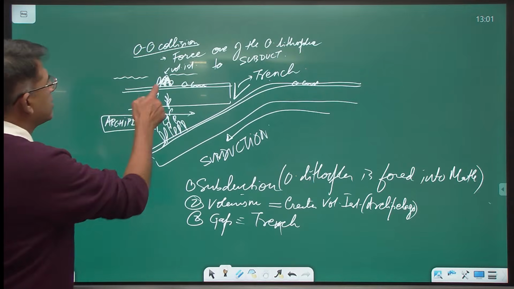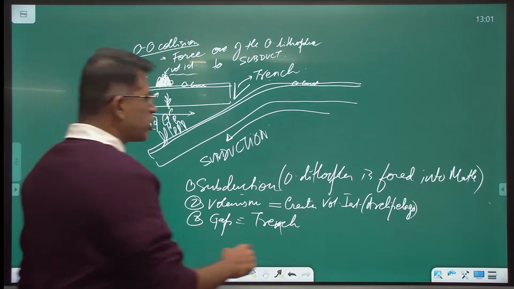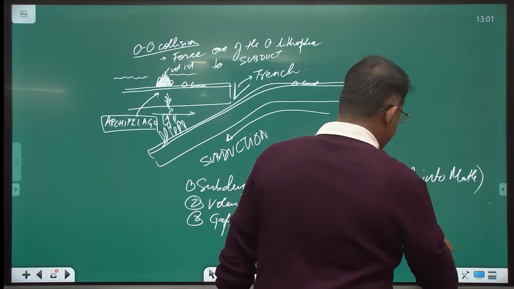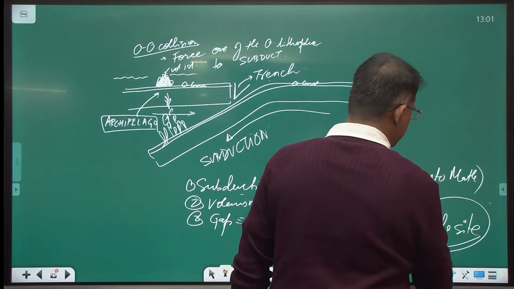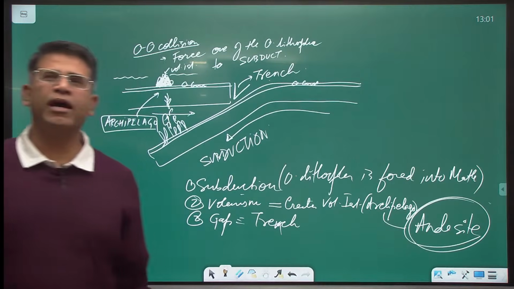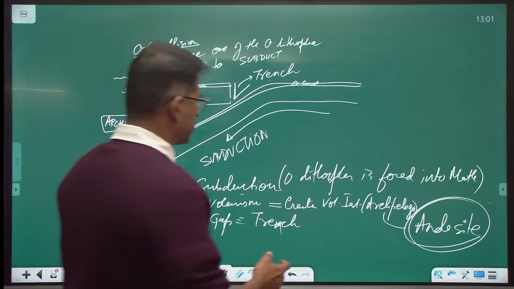And just remember this, ये जो islands हैं, these islands का composition होगा andesite, ये basalt नहीं होंगे. Some mechanism by which a new type of lava is formed. These will be andesite rocks.